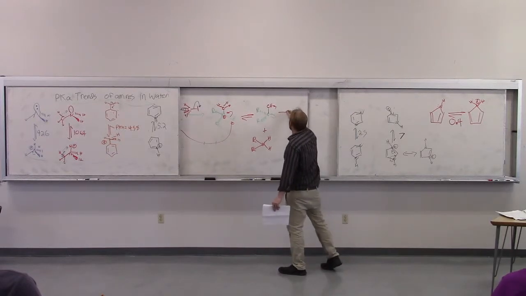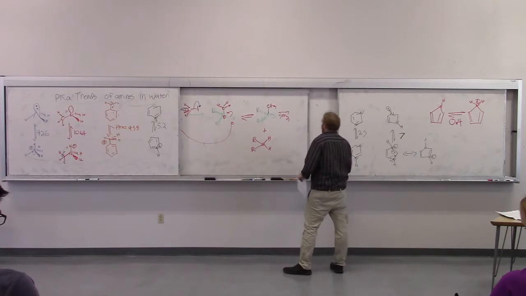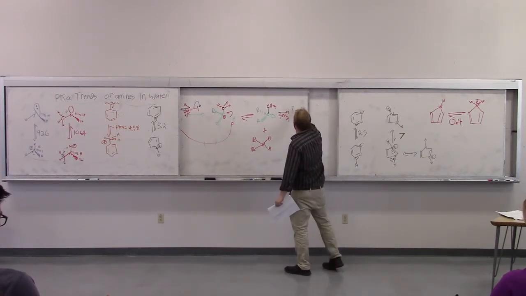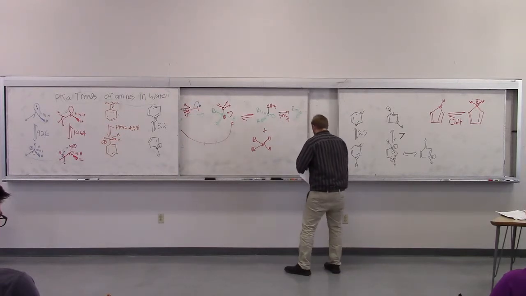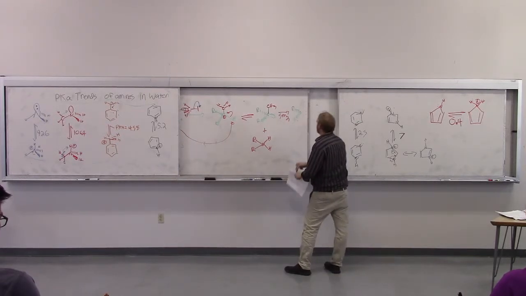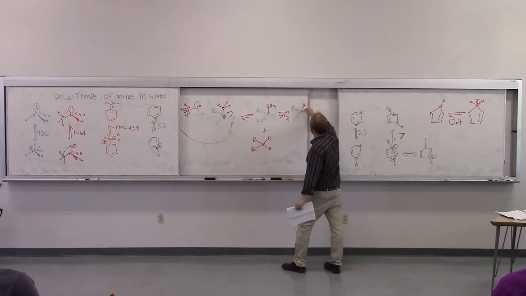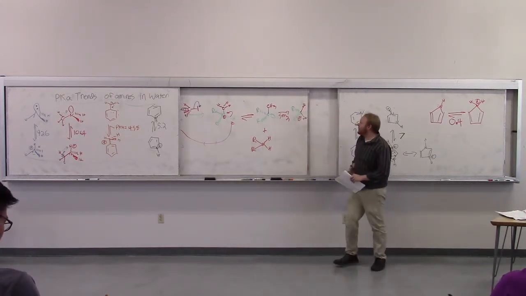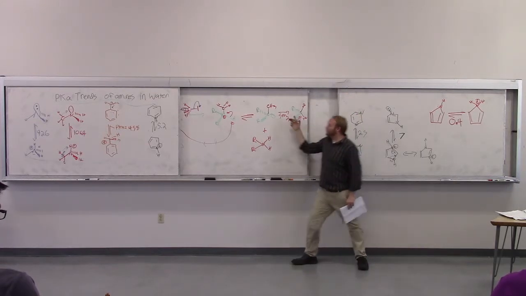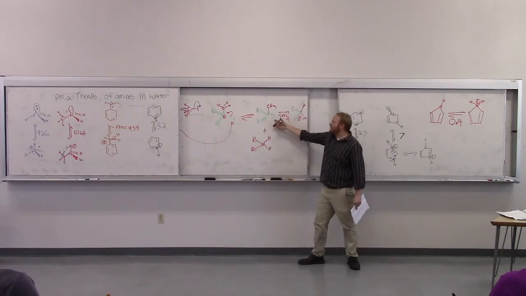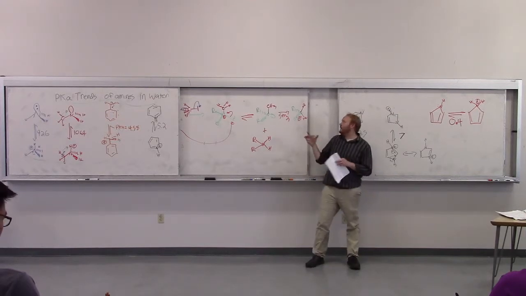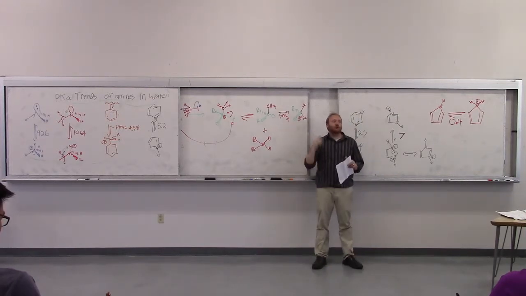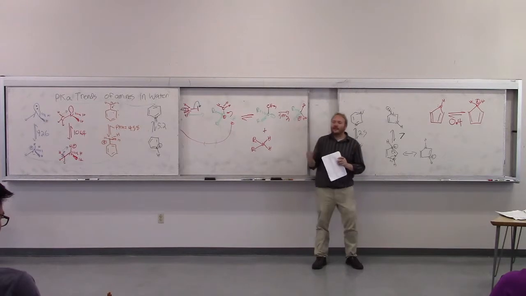So then this will do another SN2 to give you the dialkylated amine, and it will repeat this reaction, just with the product doing it this time, giving you a product resulting from the reaction going a second time.